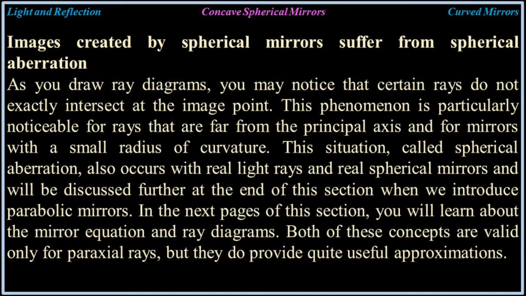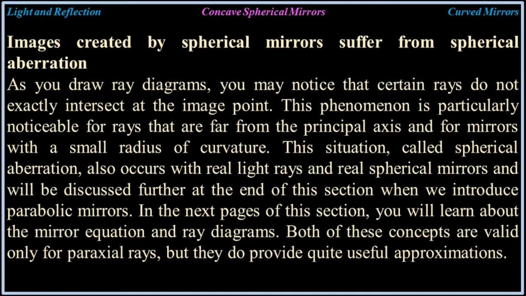This phenomenon is particularly noticeable for rays that are far from the principal axis and for mirrors with a small radius of curvature. This situation, called spherical aberration, also occurs with real light rays and real spherical mirrors and will be discussed further at the end of this section when we introduce parabolic mirrors.